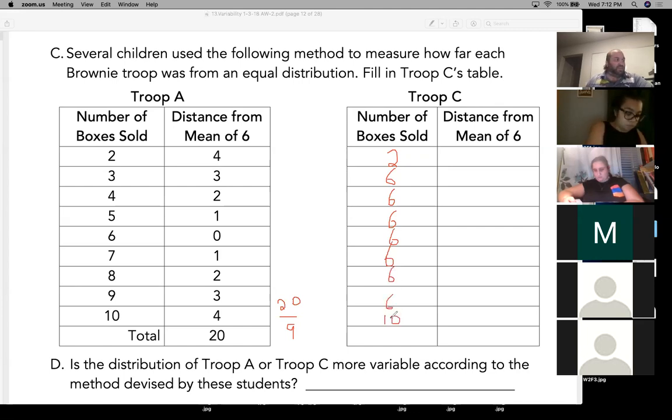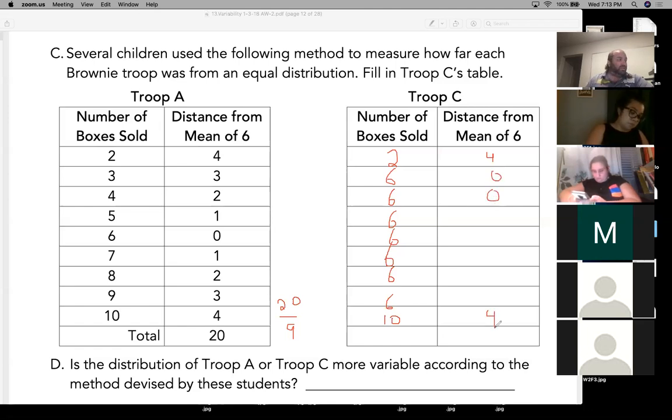And the question is, what is the mean absolute deviation now? Well, how far is 2 from the mean? Remember the mean was 6. So how far is 2 from 6? 4. And how far are each of the 6s from 6? This is not too tough. 0. Those are all zeros. And how far is 10 from 6? 4.